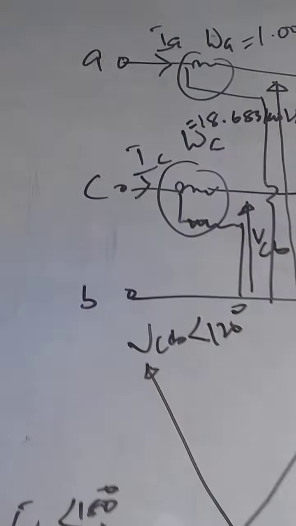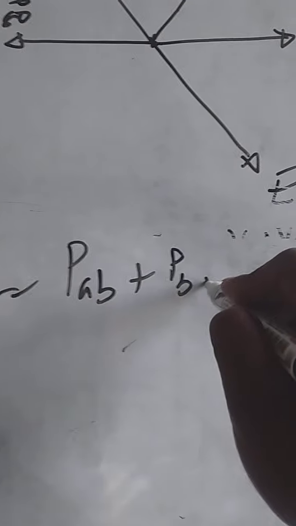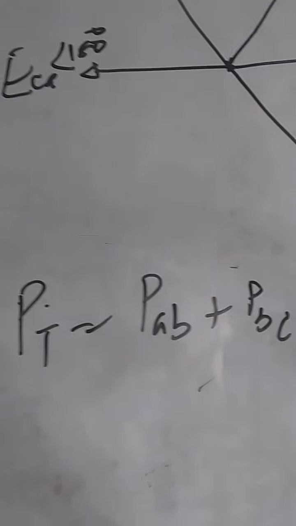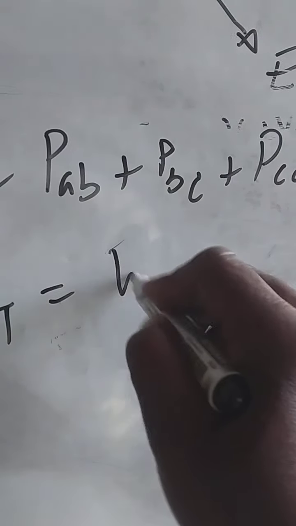So now the next thing is to check if they are equal to each other. When you add PAB, PBC, and PCA together, you will discover that they are equal to the wattmeter readings, WA plus WC.